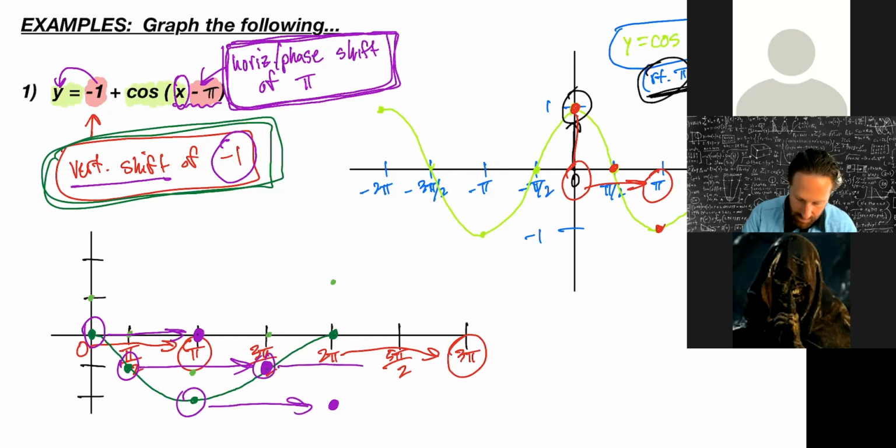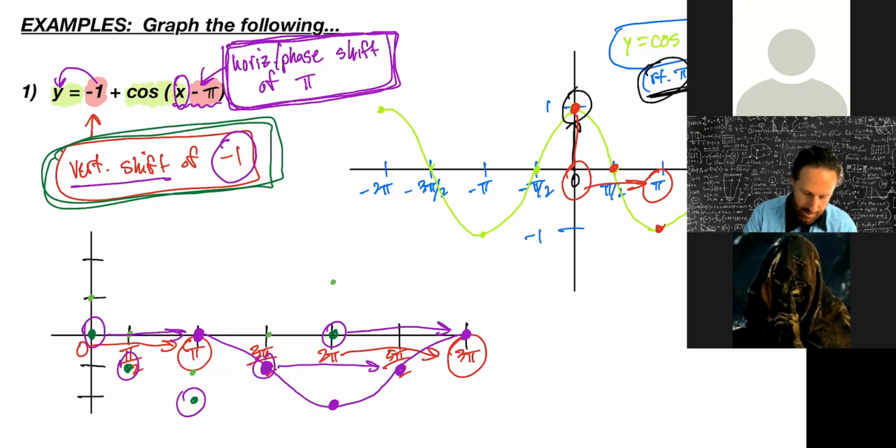It's hard to see. Add pi to that. And last green one, add pi to 2 pi. You're there. So that would be what your final graph looks like. And how can you see it better? Get rid of all the clutter.